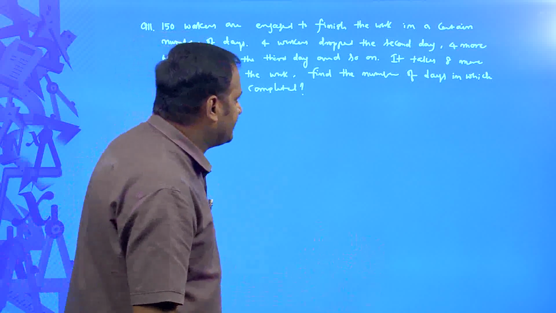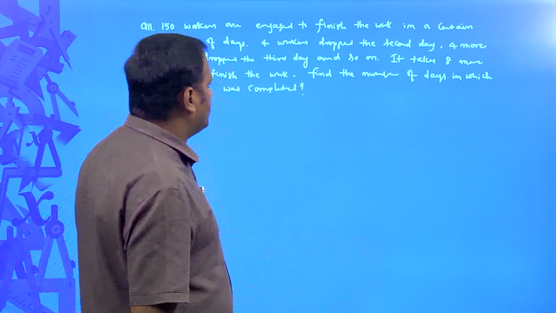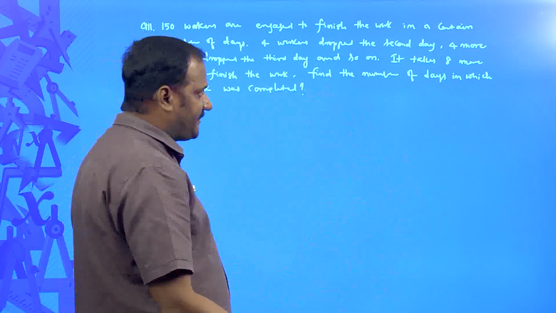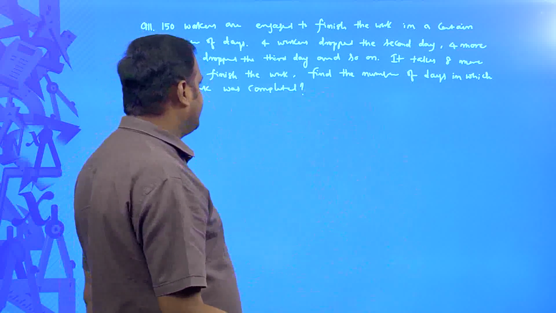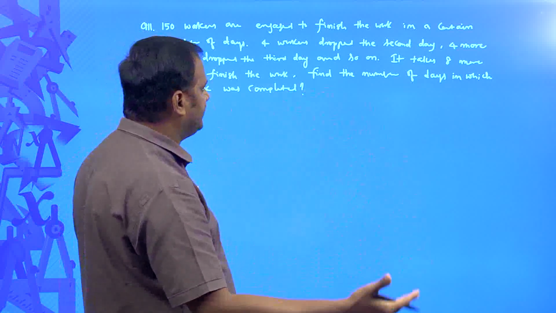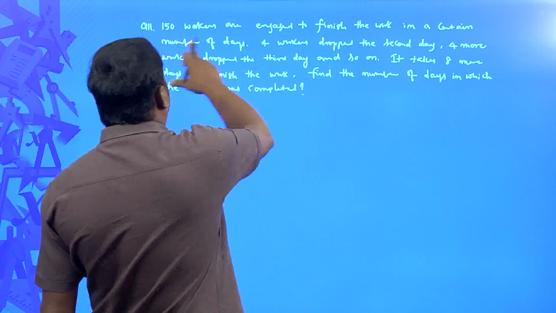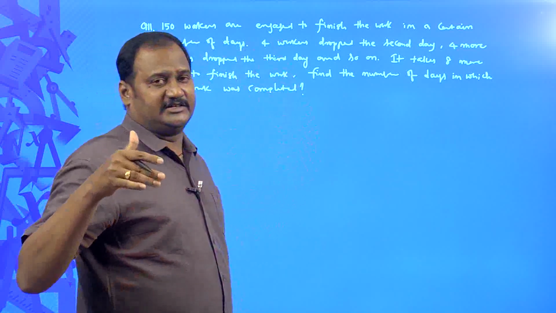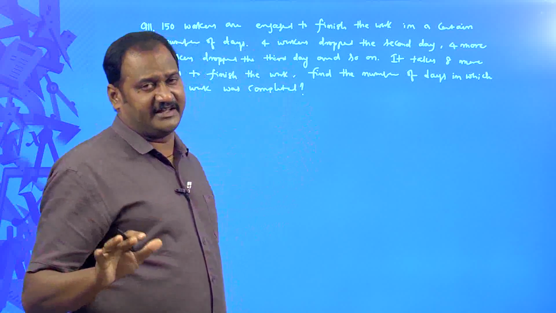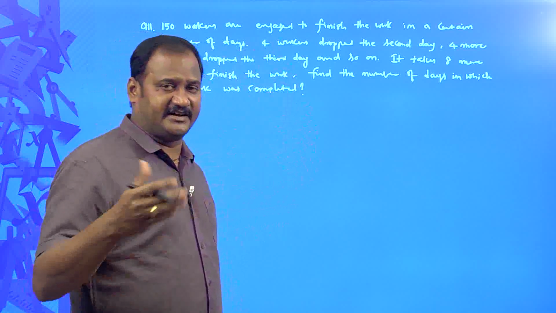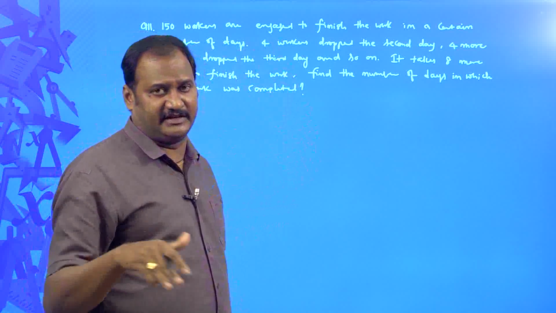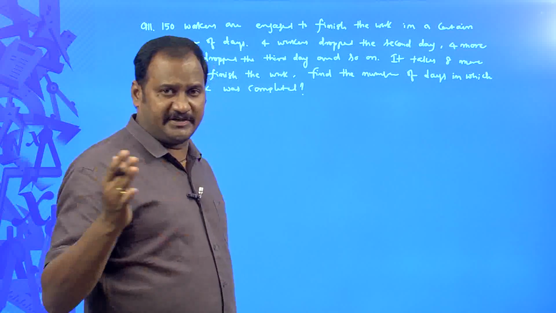We do not know how many days are required to finish the work. 4 workers dropped the second day, 4 more dropped the third day, and then 4 more dropped the fourth day, and so on. It takes 8 more days to finish the work. See, 150 workers actually joined to finish the work, but according to some conditions, otherwise according to whatever they feel, 4 are dropping day by day.